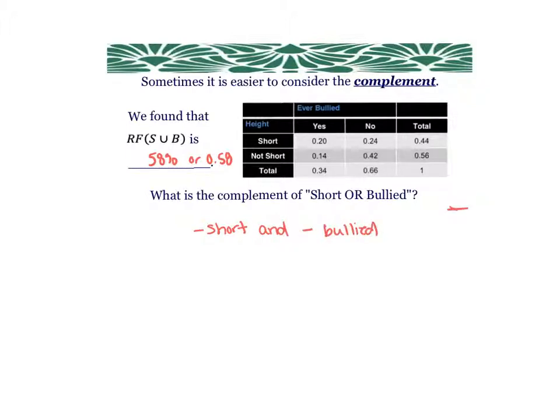So this line here is what I'm using for not. Some people will use a tilde sign, something like this, for not. I've seen that before as well. So if I want to calculate the relative frequency of not short and not bullied, I can take the complement rule, which basically says that if two things are complements of one another, they have no overlap at all.